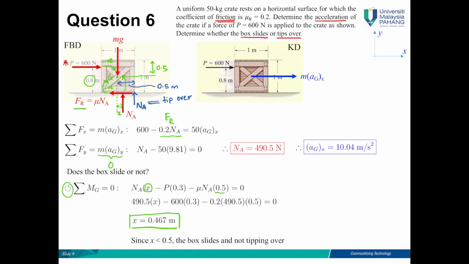Therefore, since the calculated x is less than 0.5, the box will slide and not tip over. So that is how we determine whether the box is going to slide or tip over by applying a 600 Newton force to the box.